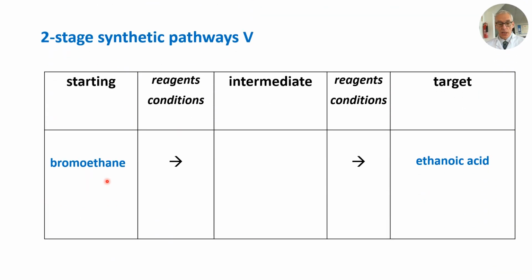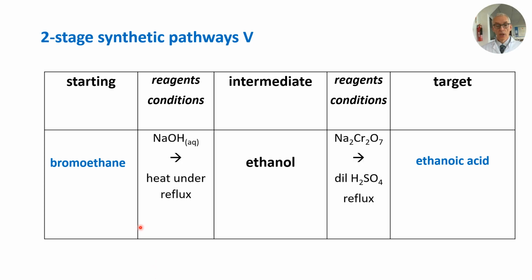So number 5, bromoethane to the target molecule ethanoic acid. Think it through, come up with a solution, come back to check when you are ready. Okay, so I am about to reveal. So bromoethane to ethanoic acid. Well, from what molecule could we make ethanoic acid?